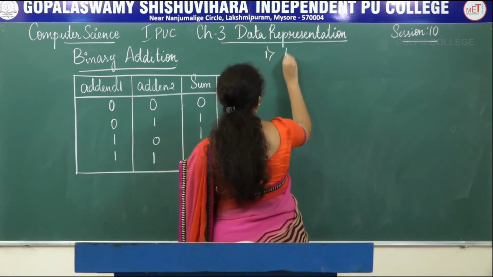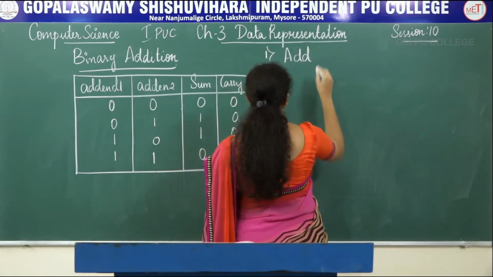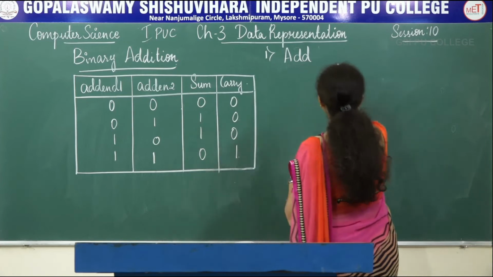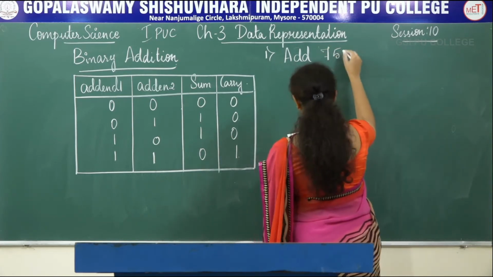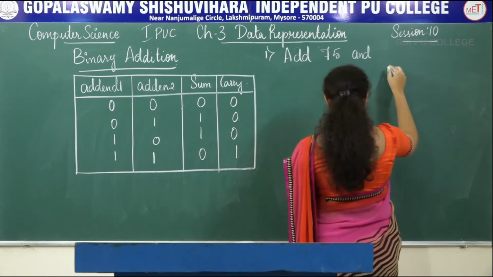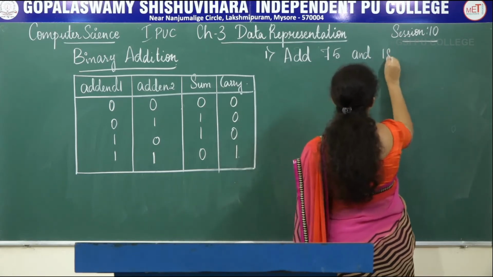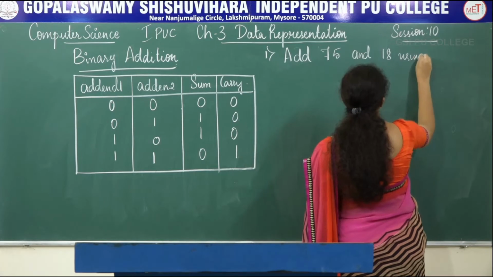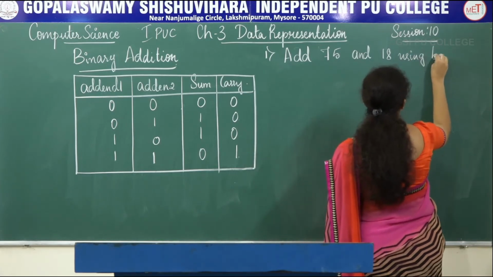First problem, add 75 and 18 using binary addition.